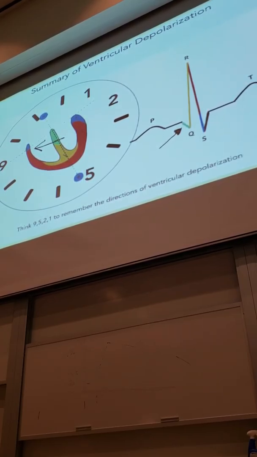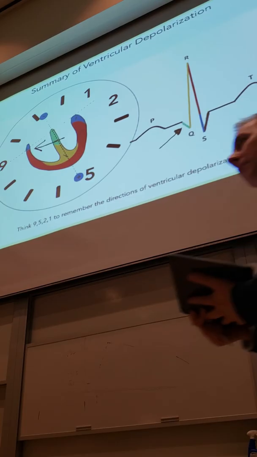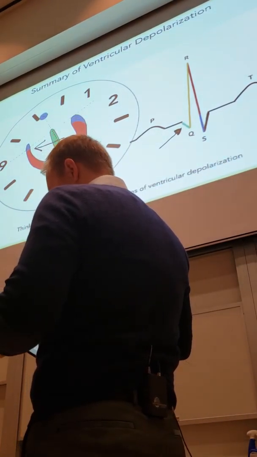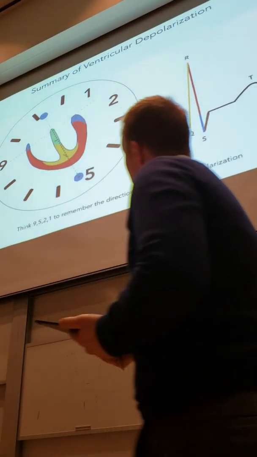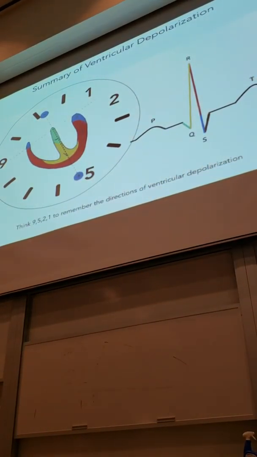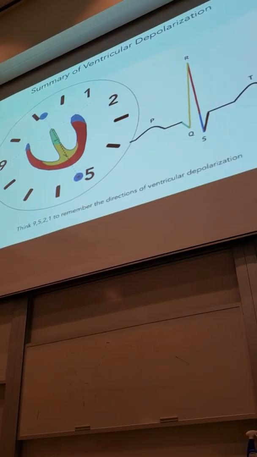Can you explain why the green vector goes to the left, or why it goes to the right? In the heart, let me illustrate this. So this is your heart, this is your interventricular septum here, and this is the wall of your heart.